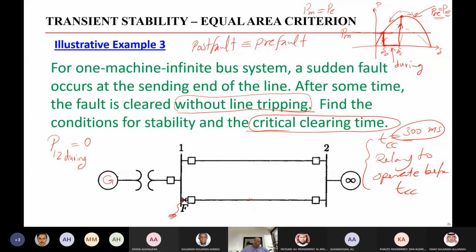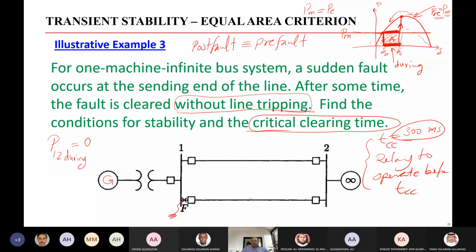So where is the acceleration area in this case? This is the acceleration area, where we have P mechanical greater than P electrical. So this is the acceleration area. When we clear the fault, this angle becomes here.